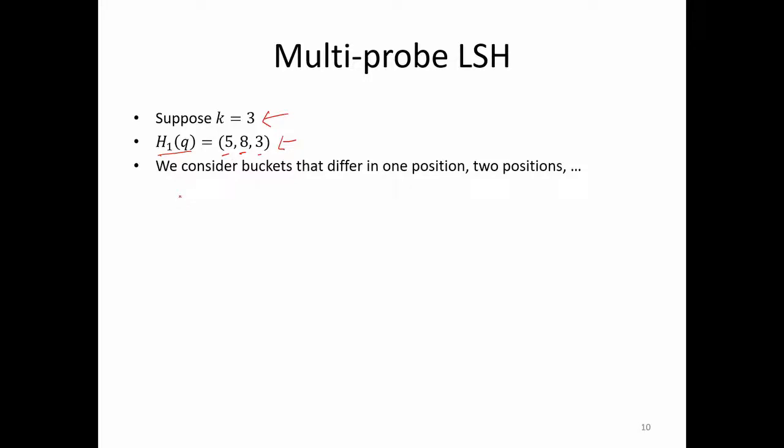Okay. So suppose you also query the buckets. This is hypothetical. This is not the actual multiprobe thing, but suppose you query the bucket, let's say, 483, or 683. These are differing by one position, and this can be done for each of these digits.